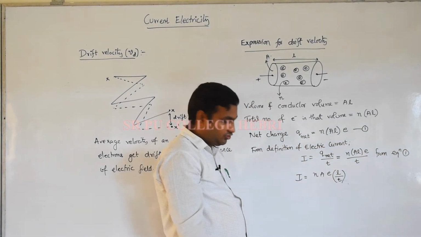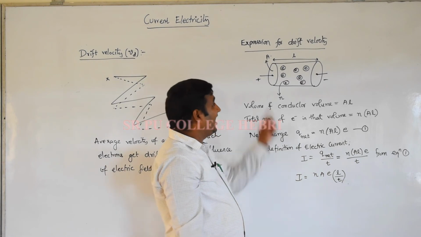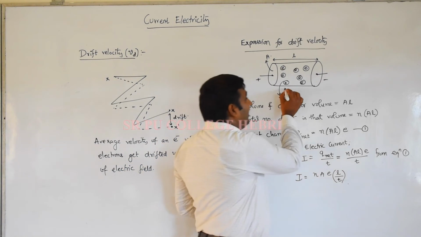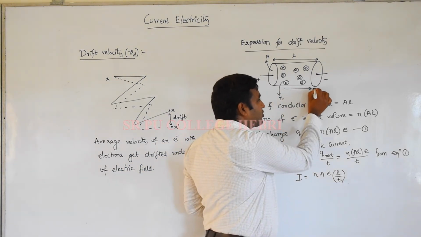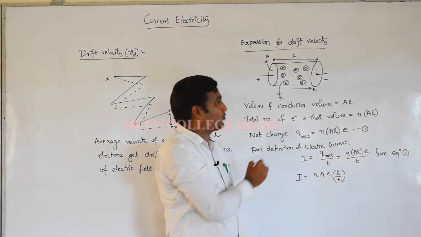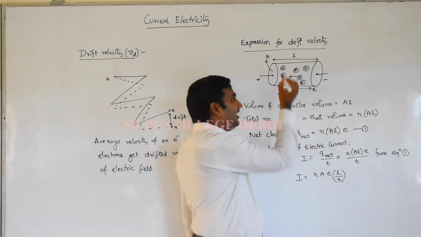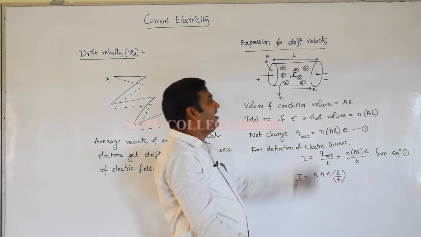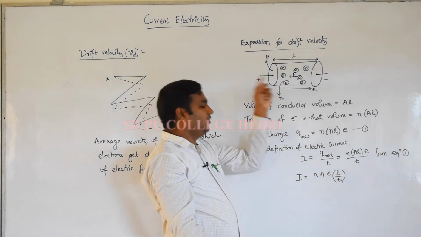L divided by T. Dear student, electrons are moving from one end to another end. If electric field is acting in this direction, the electron moves opposite to that with the force called electric force. Under the influence of electric field, electrons are drifted from one end to another end.